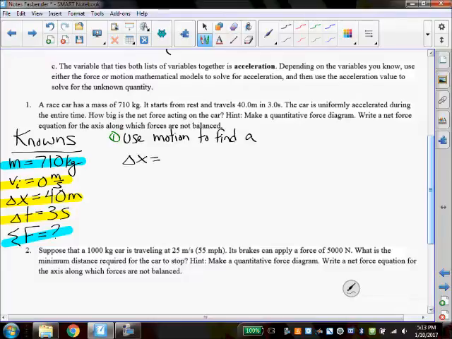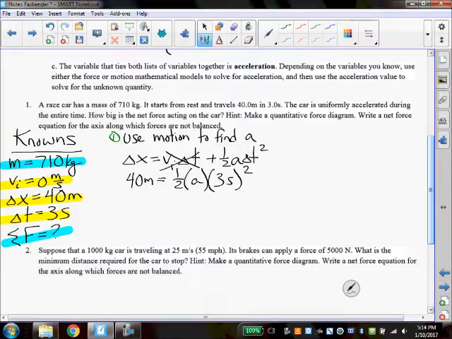And the equation that combines all of these things from Unit 3 is delta x equals vi delta t plus 1/2 a delta t squared. Then we can substitute all of the variables in. Our initial velocity was 0, so we don't care about that. And then our time is 3 seconds. So the only thing we don't know is acceleration, and we can use algebra in order to find what that acceleration is. It ends up being 8.89 meters per second squared.